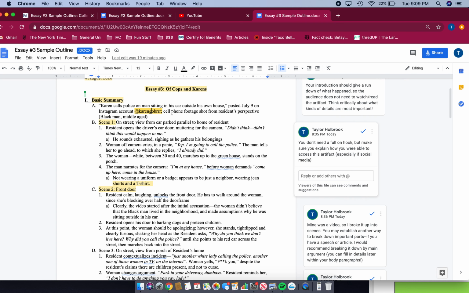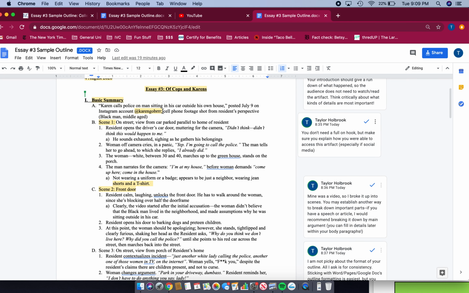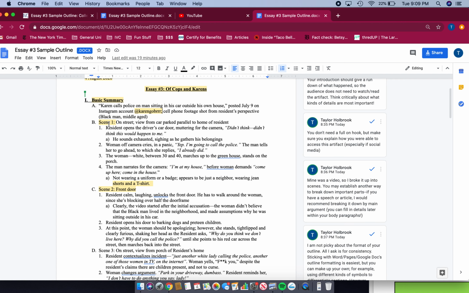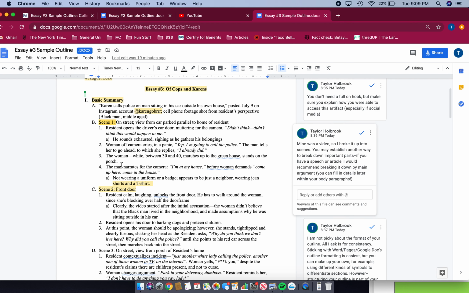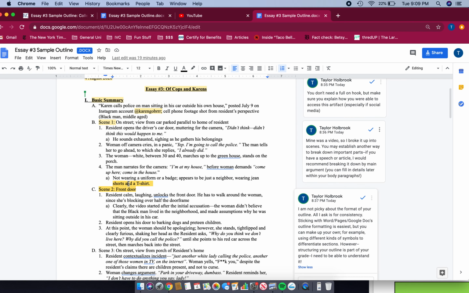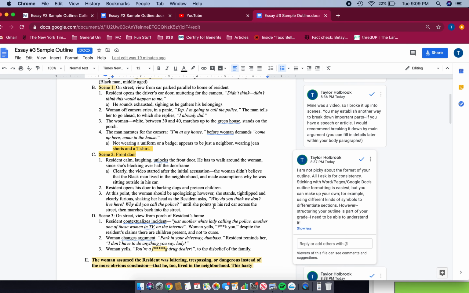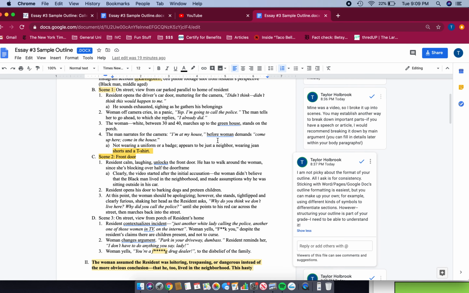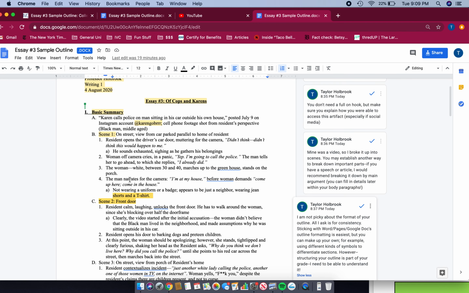I made sure that I attributed where I got it from, especially important if you've used social media. I explained that. One thing to note, I talked about formatting here. So I just used the basic formatting that came with Google Docs. Pages has one, Word has one, and it's super easy.